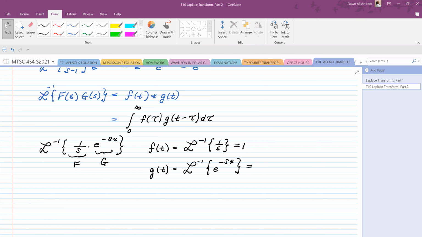That becomes the delta function of t minus x.